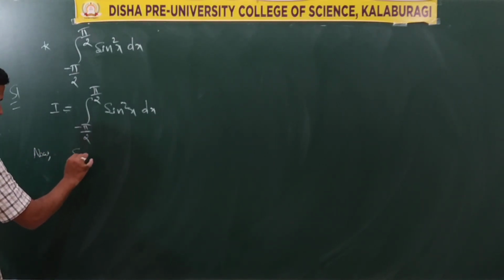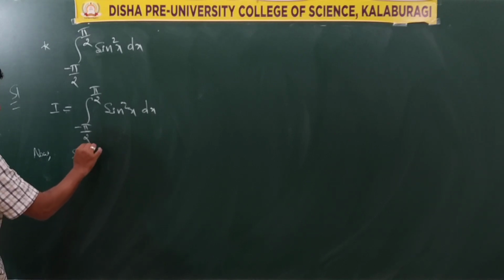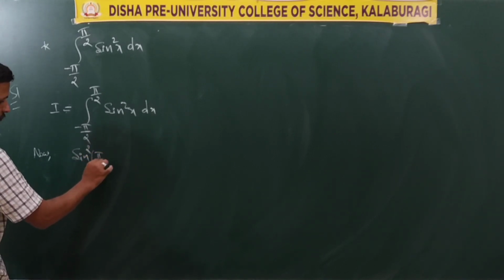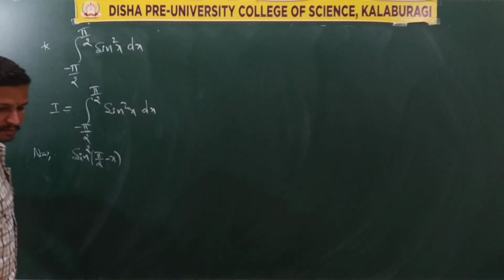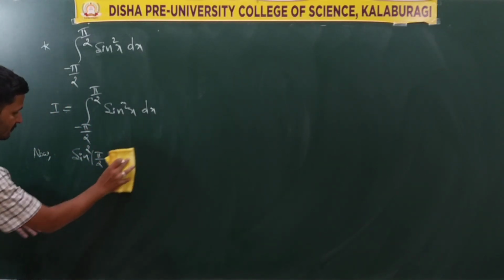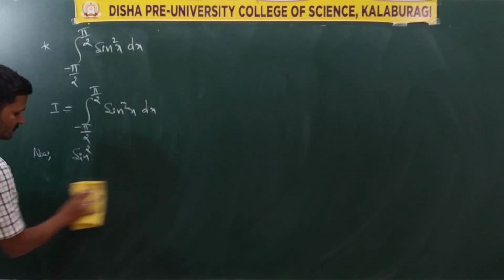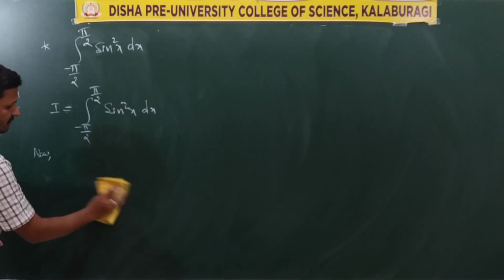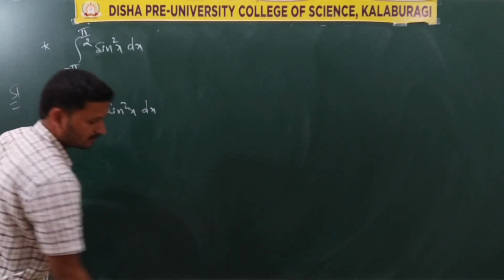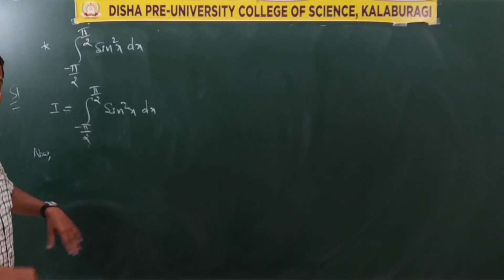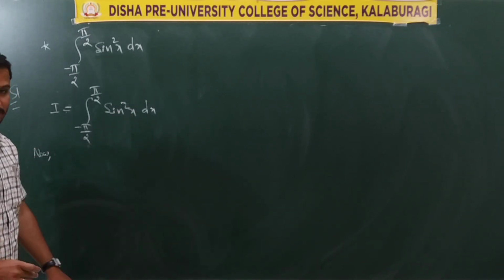Now here sin square x, just substitute minus x in place of x, because we need to check whether the sin square function is an even function or an odd function. Correct? So to check even or odd, x is replaced by minus x.